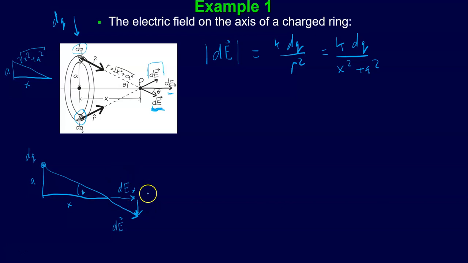So I want to find my differential element in the x direction, which is the magnitude of our electric field, k dq over x squared plus a squared, times the cosine of the angle.